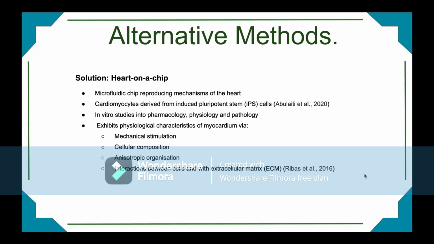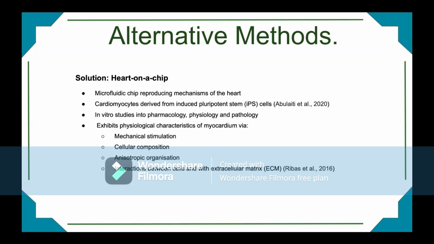So, solution: heart on a chip. There's a variation of these, but we're going to talk about heart on a chip, the organ on a chip, because that's the most appropriate for heart failure. These involve microfluidic chips, which reproduce the mechanisms of the heart. The cells on these chips are cardiomyocytes, and these are derived from induced pluripotent stem cells.